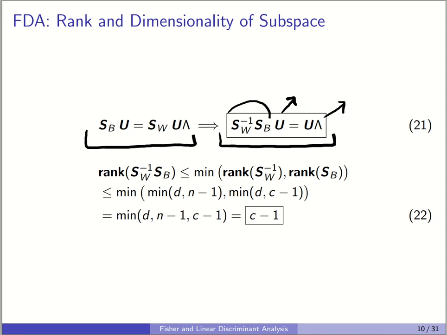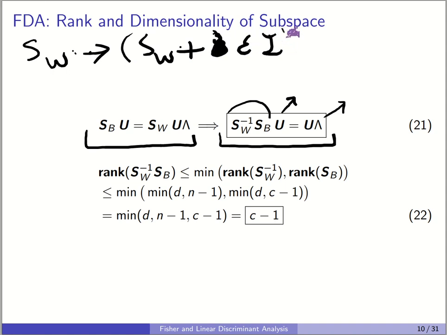But sometimes S_W is singular, and for that we usually strengthen the main diagonal of S_W. How? By replacing S_W with S_W plus epsilon I, where epsilon is a very small positive number, and this usually makes S_W invertible, non-singular, or full rank.